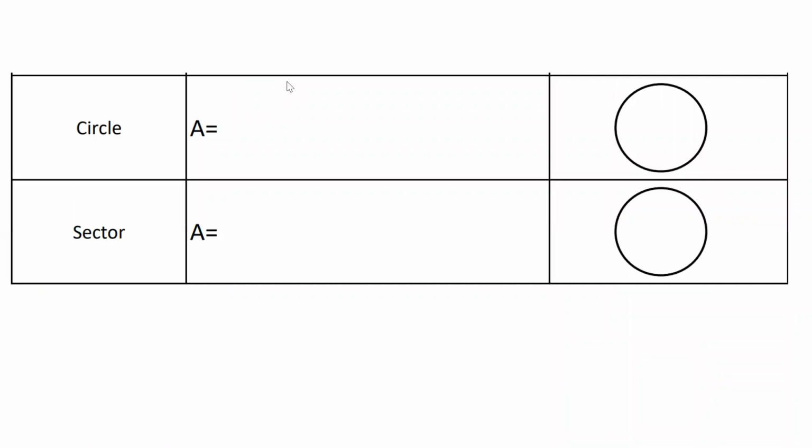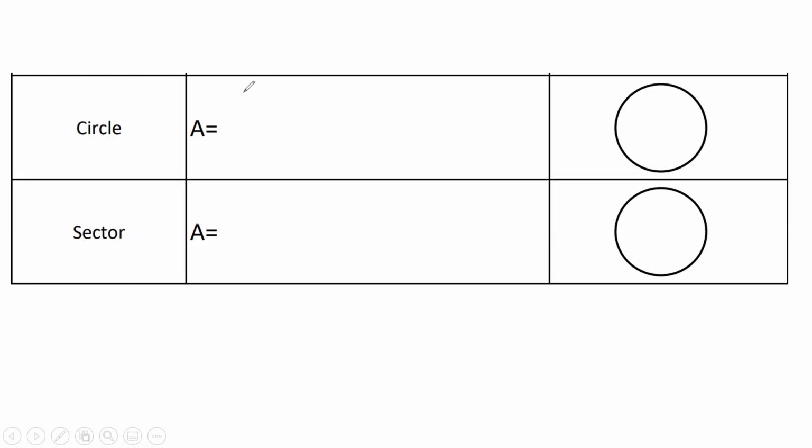All right, circles. There are two formulas that we need to know for a circle when it comes to area. So the first one, this one probably everybody knows. Hopefully. Area of a circle. We've done this one many times. You learned this one in elementary school.